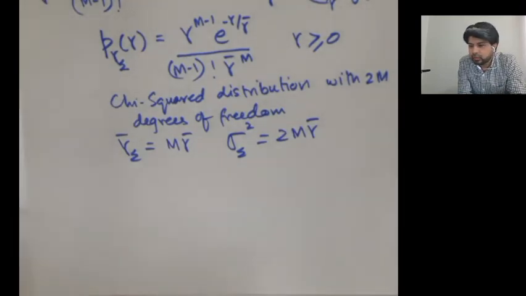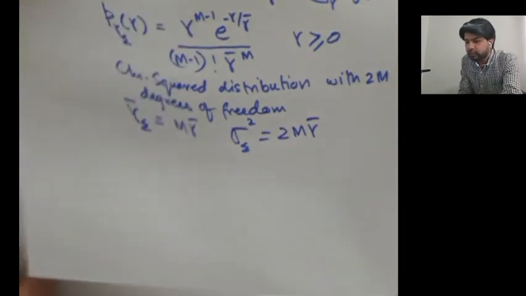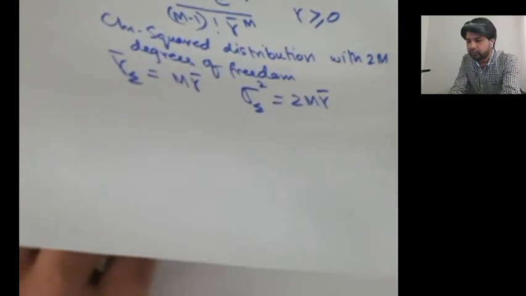That means if we try to find out how the performance with MRC would look like, it would have a much better performance compared to the performance we had with selection combining.